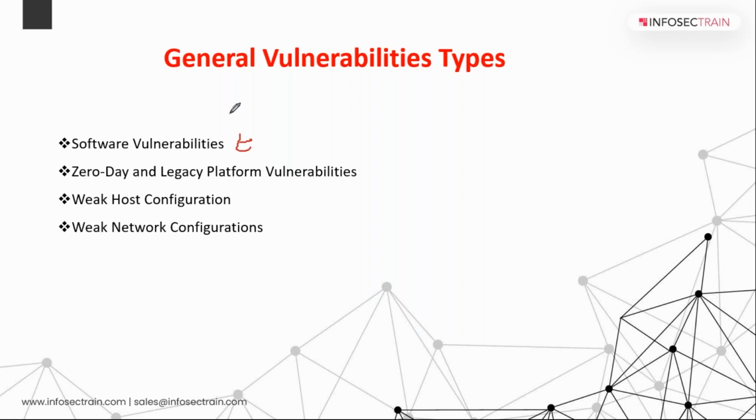Next is zero day and legacy platform vulnerability. A zero-day vulnerability can be exploited by an attacker before even the developer knows about it, and after that they will release the patch. Say I launched an application today, along with a software update.